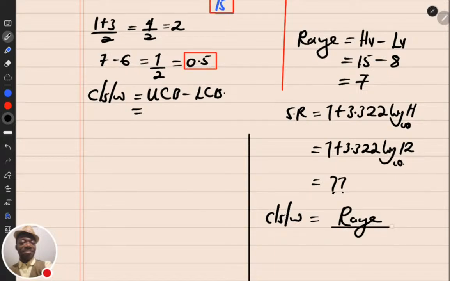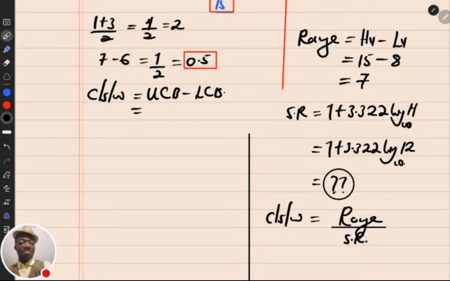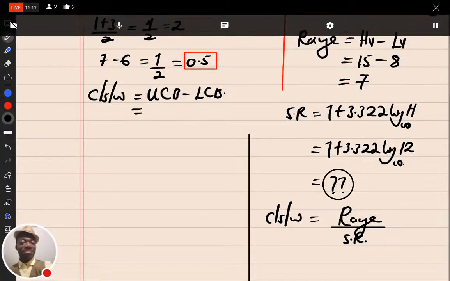The value you're going to get from Sturge's rule is the number of classes desired, so whatever you get here will be the number you substitute. Then you get the class width or class size. Once you get these values right, you are good to go.